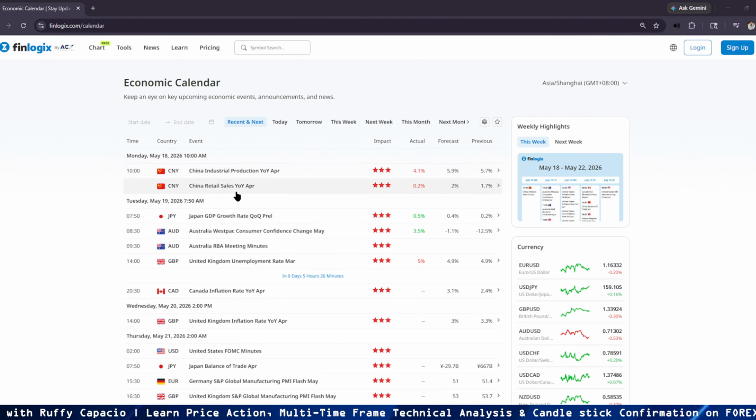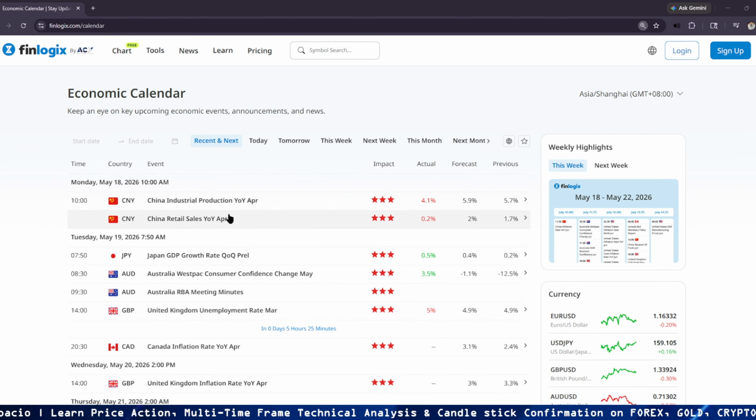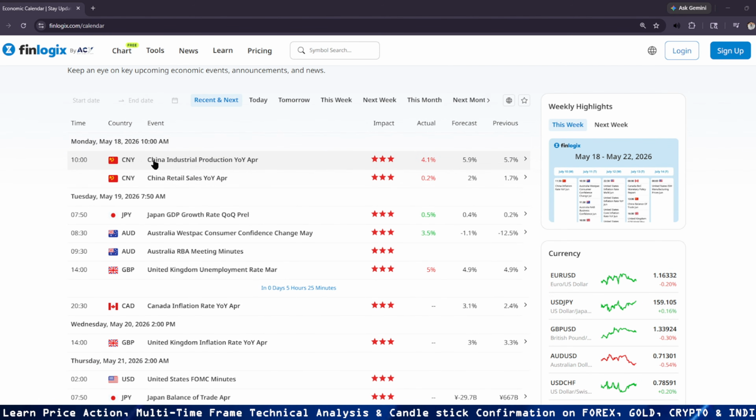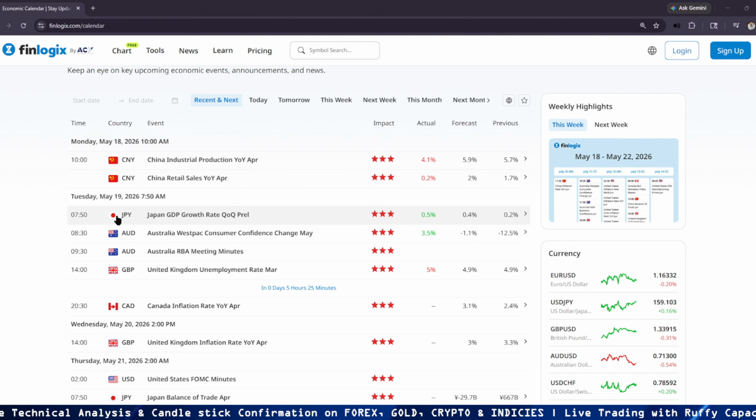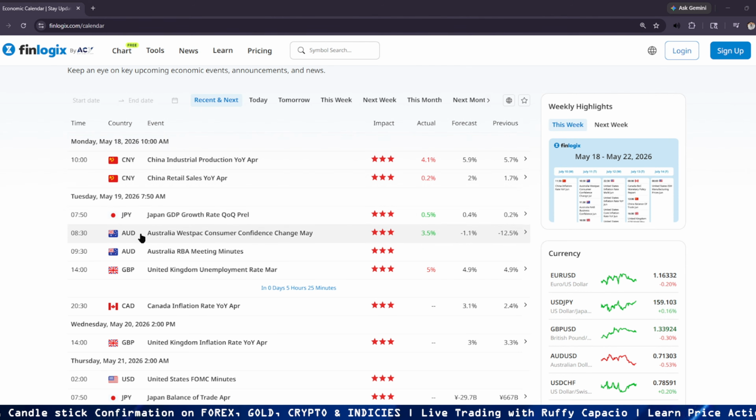So I think that's it, and we could zoom in a little bit so that you can actually see this, guys. As you can see, on Monday I actually didn't look much at the CNY pair, the Chinese yuan pair. Today, Tuesday, there is some volatility on the JPY pairs last session, and also for the AUD pairs.